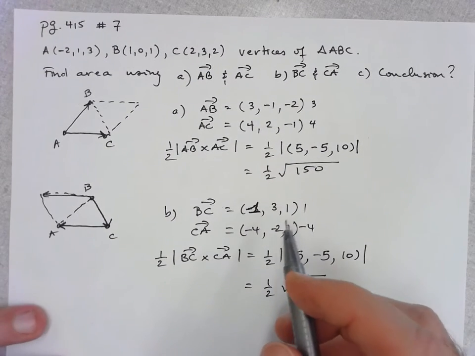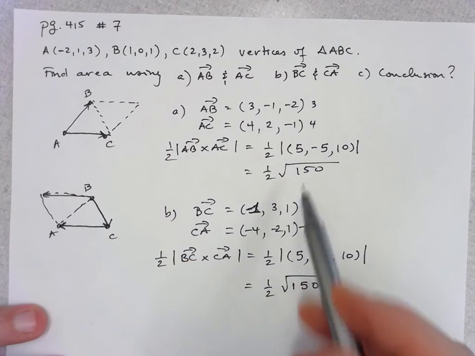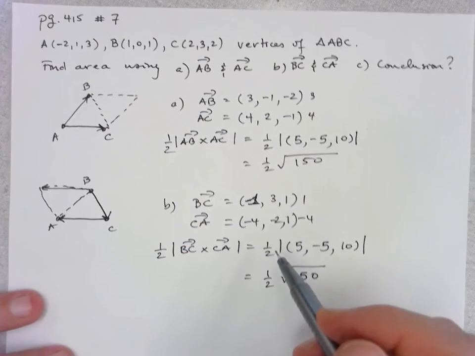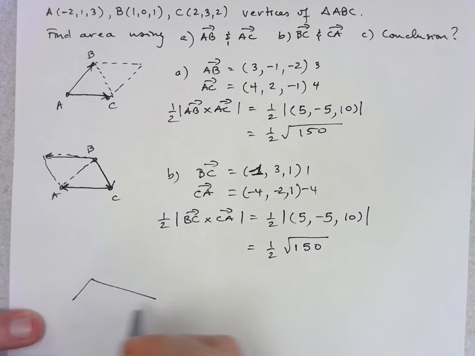So what we're getting here is that no matter what two vectors we use, we're getting the same area. But that should not be at all surprising, since if you think in general about this triangle, I can use this as my base and that as my height, or I use this as my base and this length here as my height.